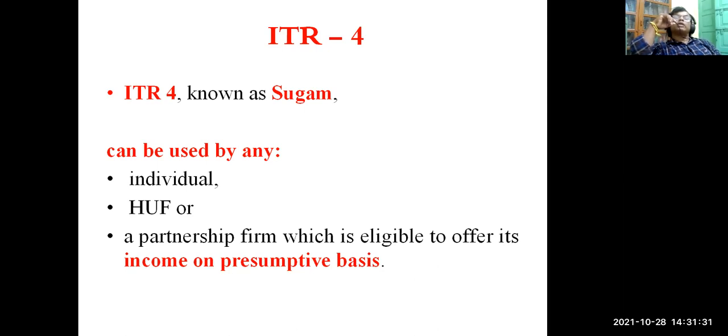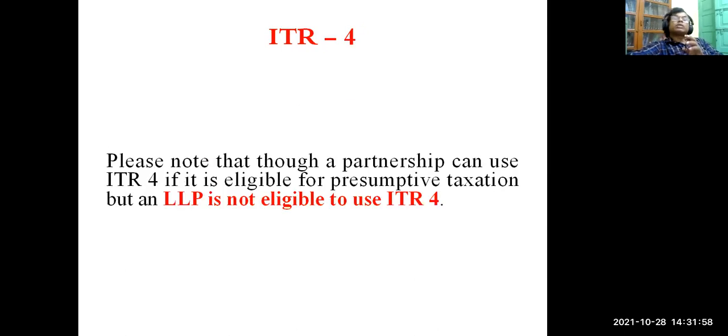HUF can use ITR 4, and partnership firm which is eligible to offer its income on presumptive basis. So offering income on presumptive basis, that's a very important concept. I'll be dealing a little bit with how a company or a business organization can offer its income on presumptive basis.